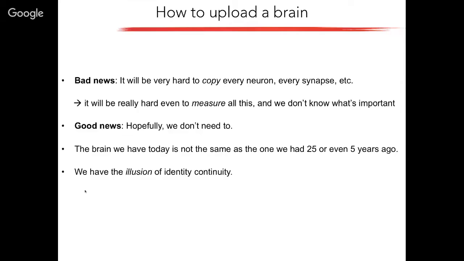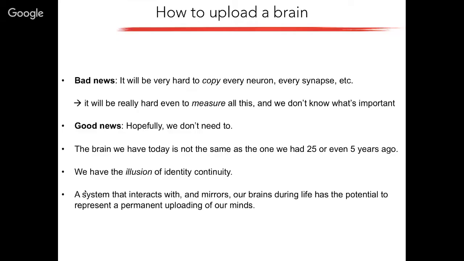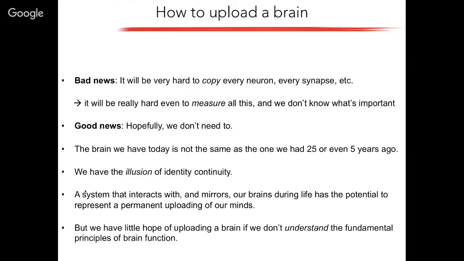We feel like we're at some level a continuous extension of the person we were when we were born and 5 years ago and certainly yesterday. And so I think that suggests that there's a path to uploading a brain in which we introduce some kind of a system that interacts with and mirrors our brains during life. And such a system would have the potential to sort of represent the substrate for a permanent uploading of our minds into potentially a very different kind of a system.